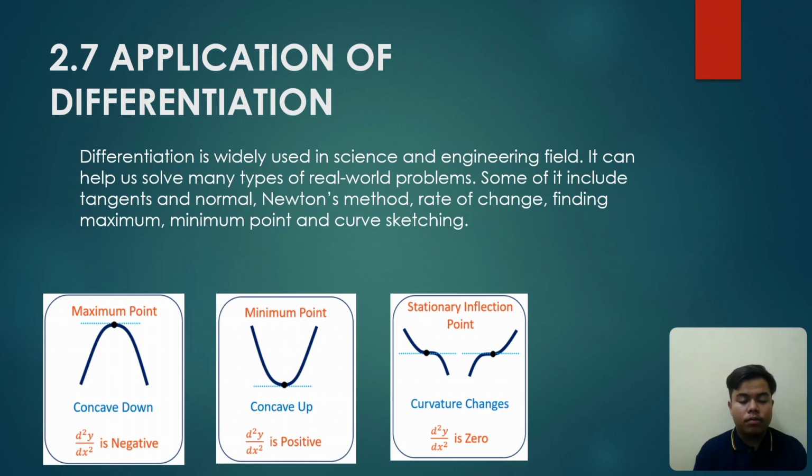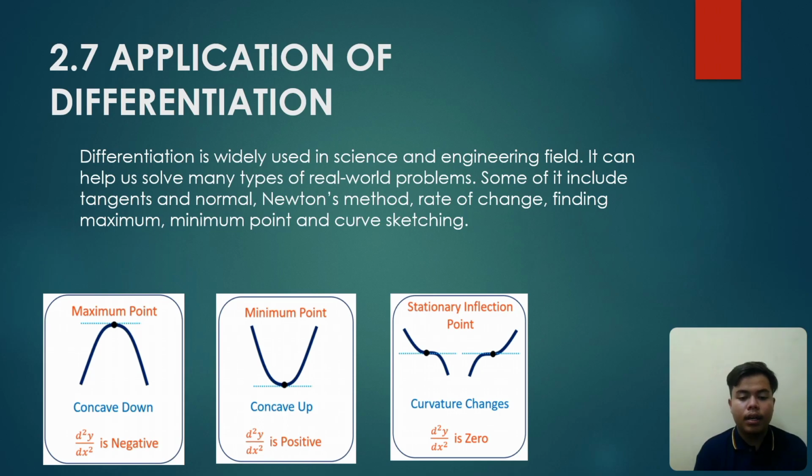As you can see, there are three types of point. The first type is the maximum point. The shape of this graph is concave down, and d²y/dx² is negative for this maximum point. The second one is the minimum point.